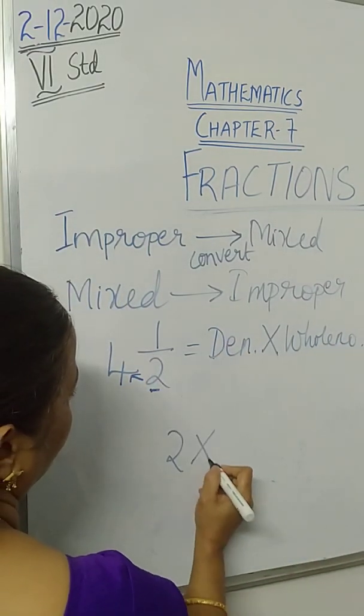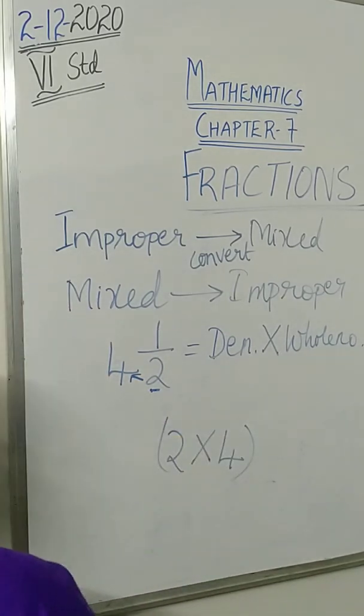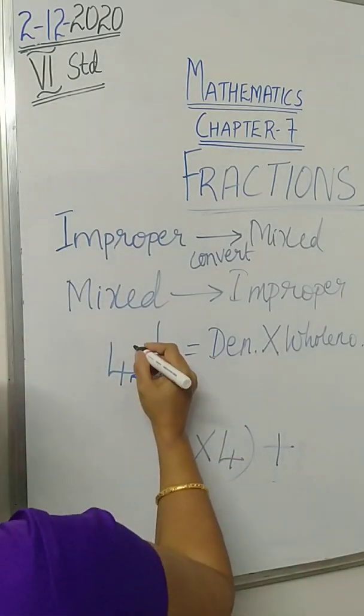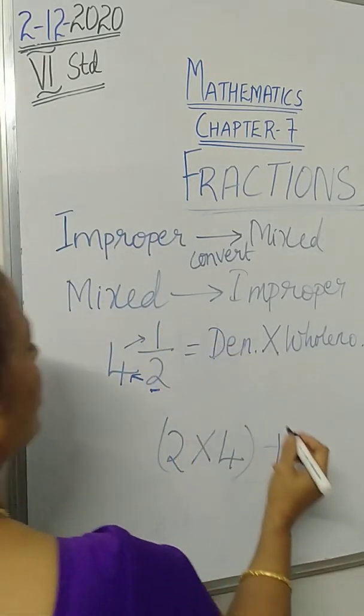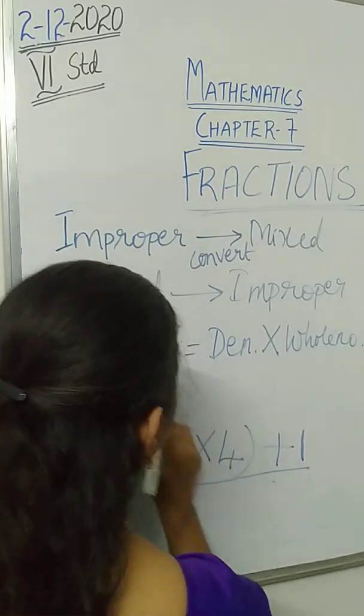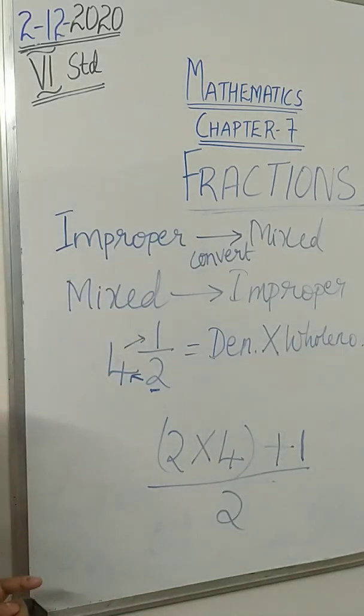We are going to multiply it with 4. Yes, that is the first step. Then, we are going to add this with the numerator. Numerator is 1. Then, we will write it with the same denominator. We are not going to change it.